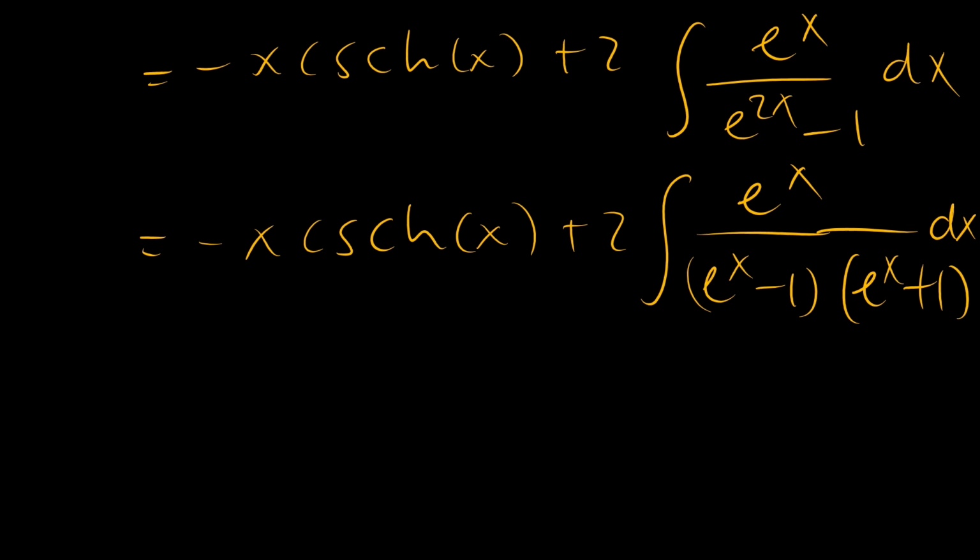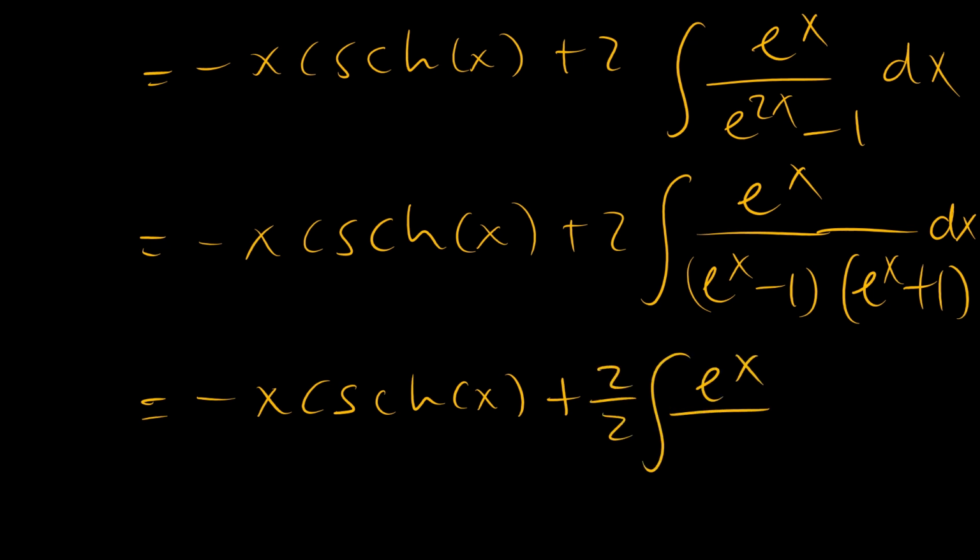For me, it's very easy to see that that's the same as a half, and so 2 over 2 of e to the x over e to the x minus 1 minus e to the x over e to the x plus 1, right?